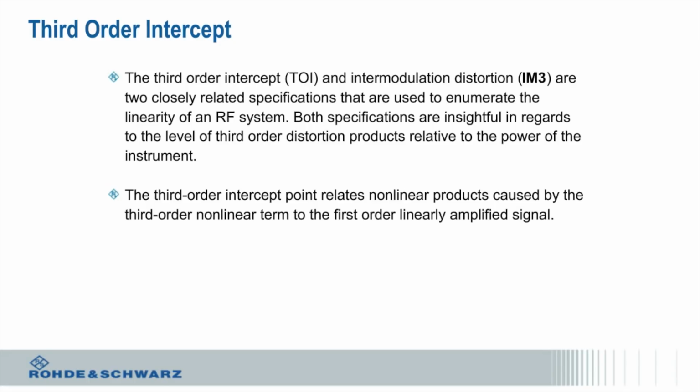Well, there are signals that might be close to my carrier which I can't filter out because they're too close. I can't make a filter good enough to do that and still be able to pass my signal. So that's why you need to be concerned about and measure the third order intercept of your amplifier receive chain.